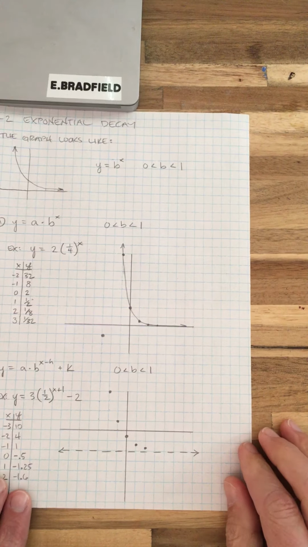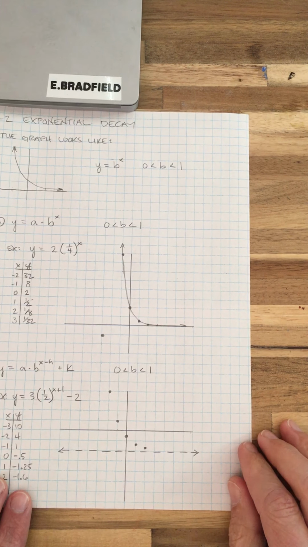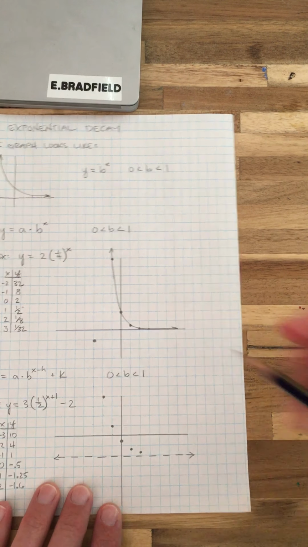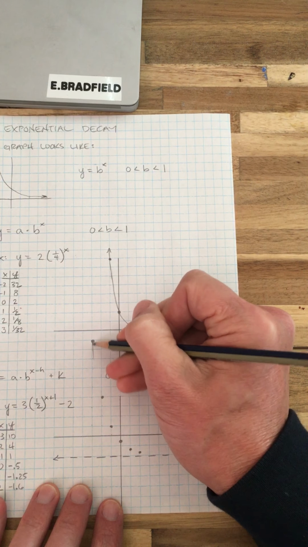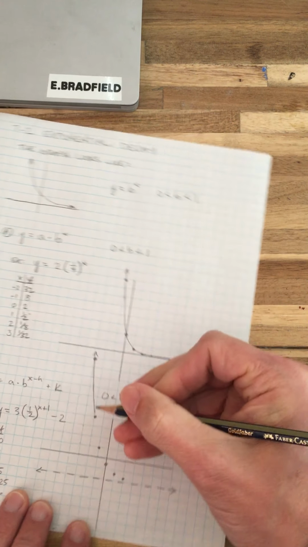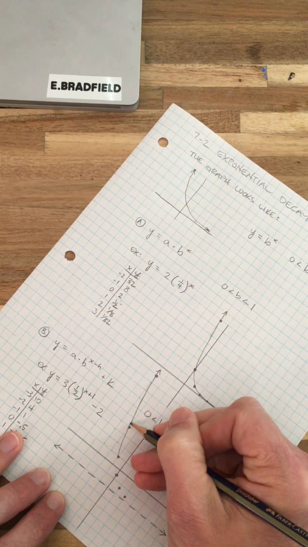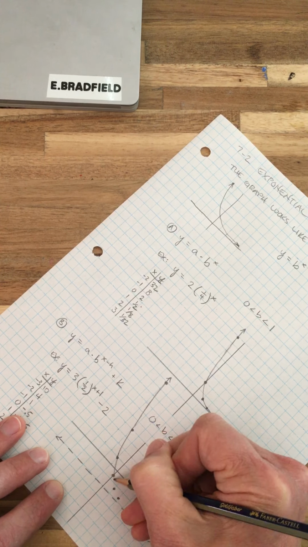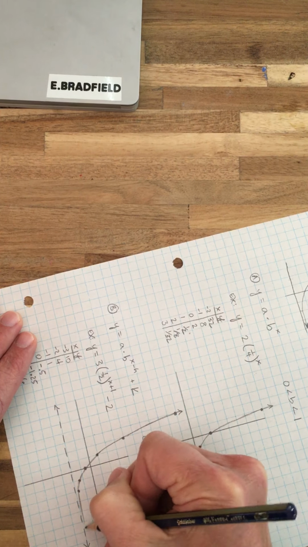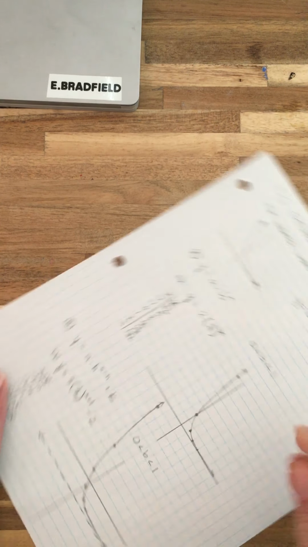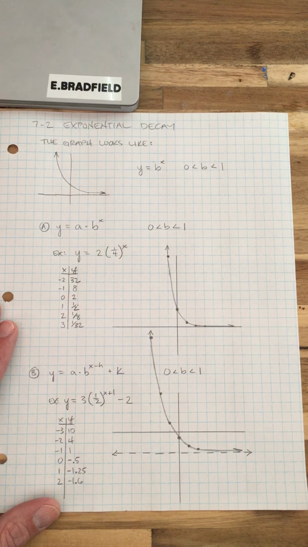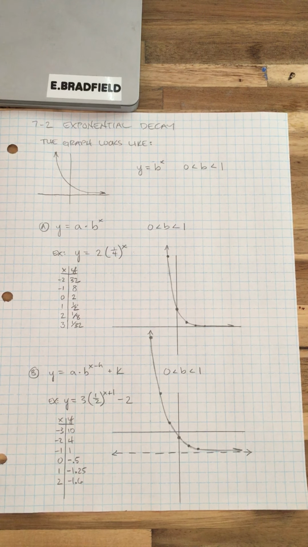I don't really care how many points you plot, if it's 3 or whatever, just as long as you see where that shape is going to be. So I'll go ahead and connect these dots. Put a little arrow here. And that just goes real close to that asymptote there. Okay. All right. So that's the gist of it.